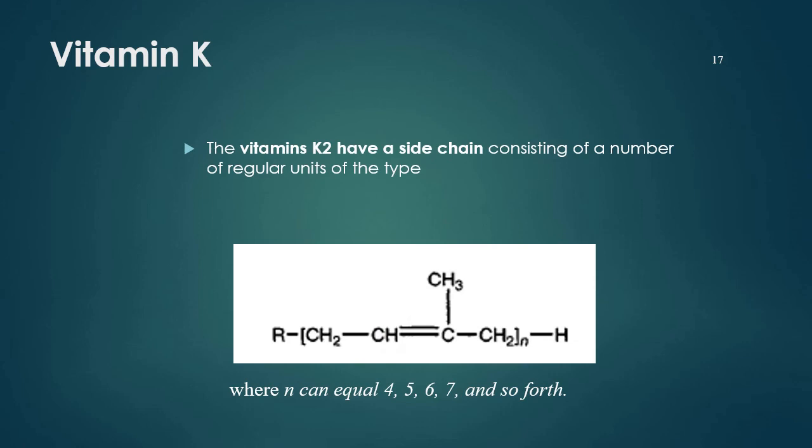Vitamin K2 has a side chain consisting of a number of regular units, and the number of units can be 4, 5, 6, or 7, because K2 can have a variety of side chains.